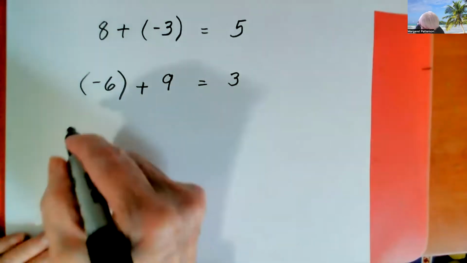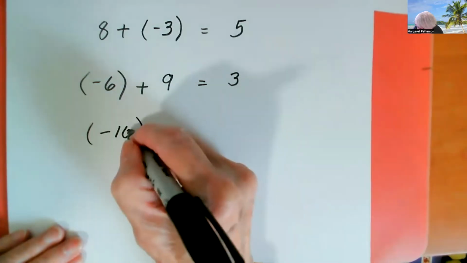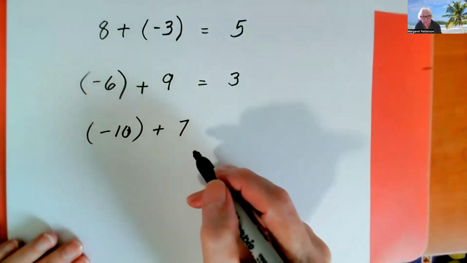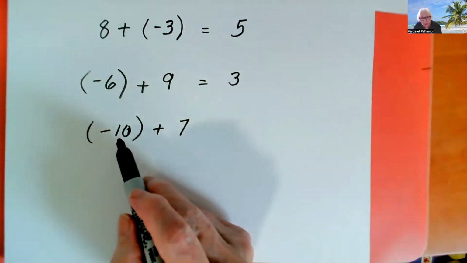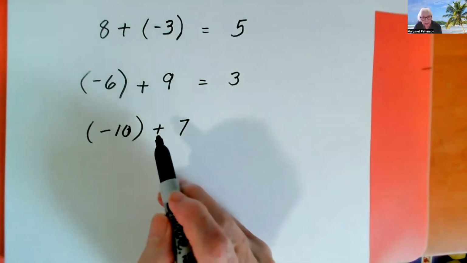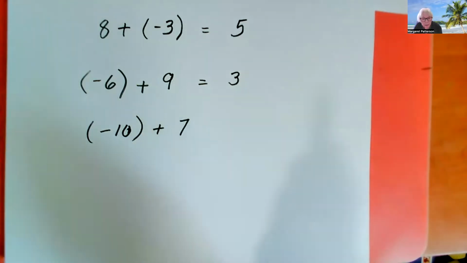On the other hand, if you had -10 plus 7, you have the negative going and you have the positive going, and it's addition. You subtract the two absolute values.